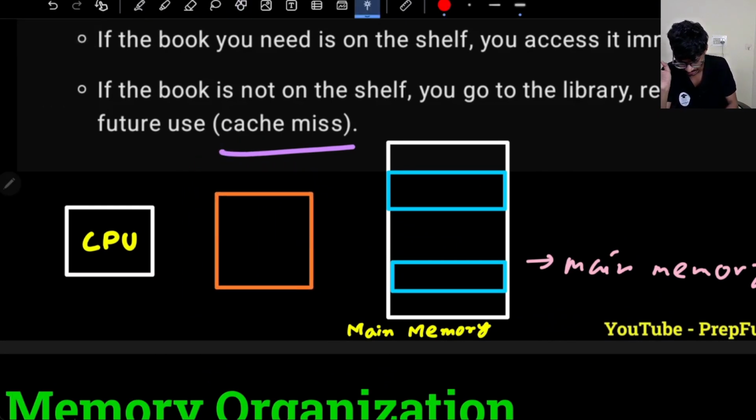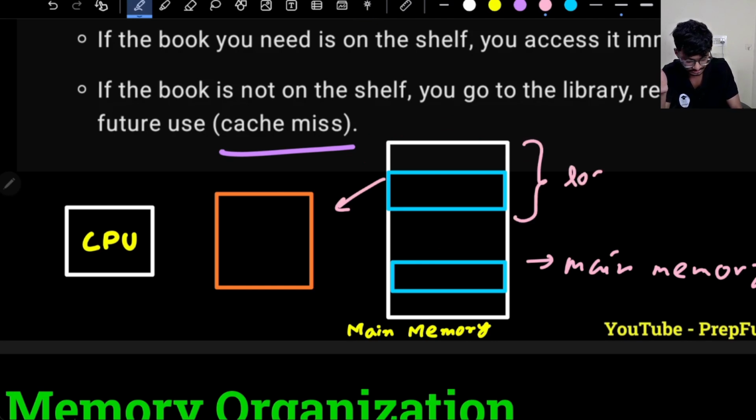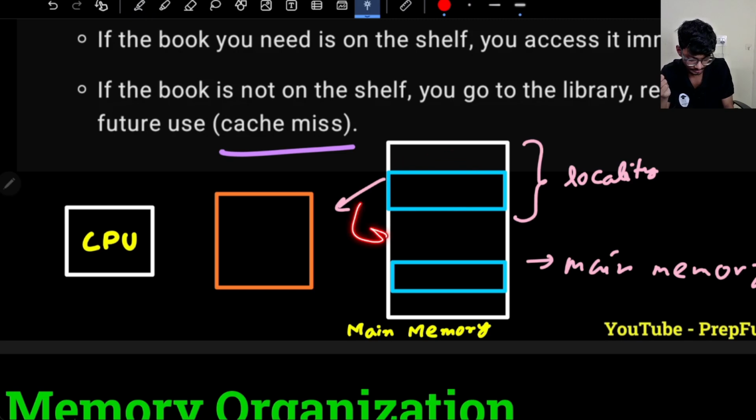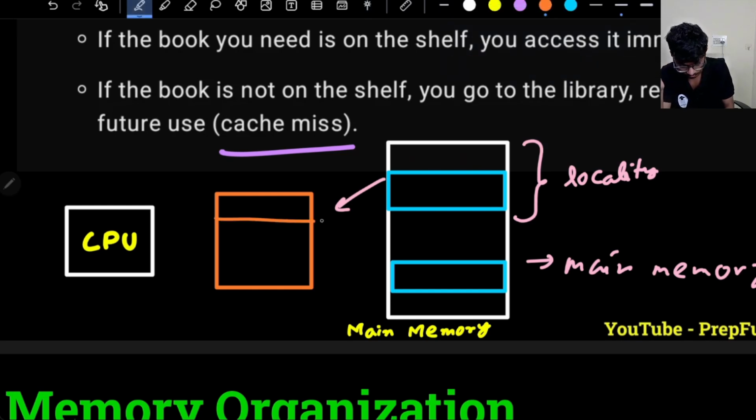Basically, let's say once the CPU requires this memory location, the cache memory will store all these locations in the cache memory. Why? Because of locality. If I am requiring this location, maybe I may require the next location next time, or maybe the previous location. It is a possibility because of spatial locality. So that's why I will store it in the cache memory, so next time when I look for the data, I will find it here.